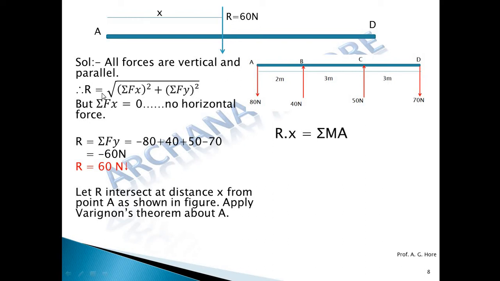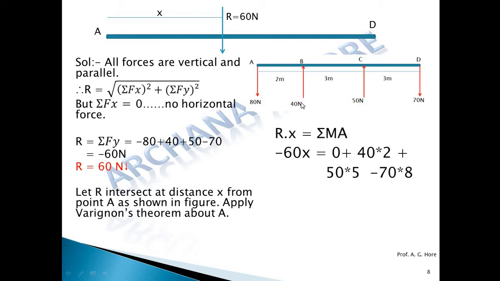Rotation of R about point A is clockwise, so clockwise means minus 60 into x, and now the remaining forces' moments. Consider this diagram. The first force, 80 Newton, is passing through point A, so its perpendicular distance is 0. That's why the moment of this force about point A is 0.